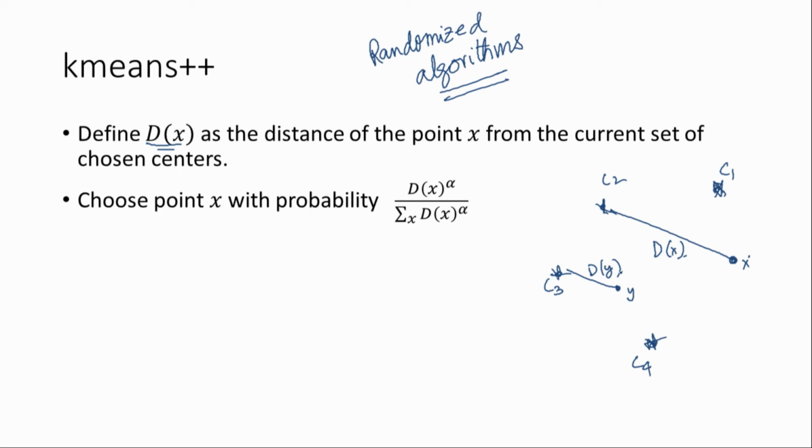Now, next time we choose the next center, the 5th center, we choose it according to this kind of probability distribution. What does it mean? Suppose there are only 2 points x and y.